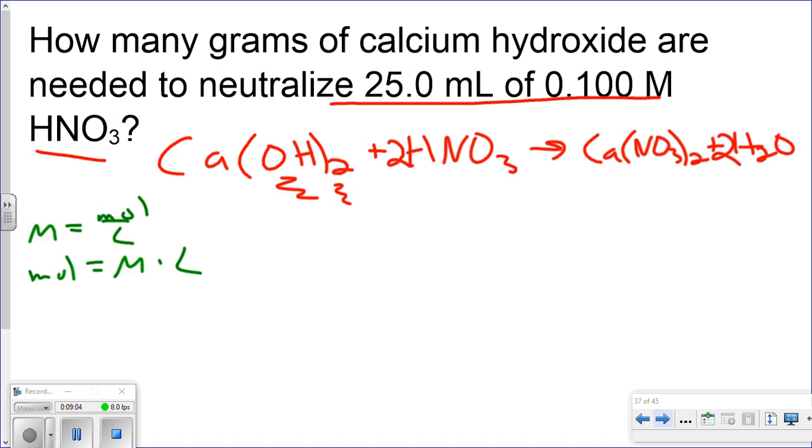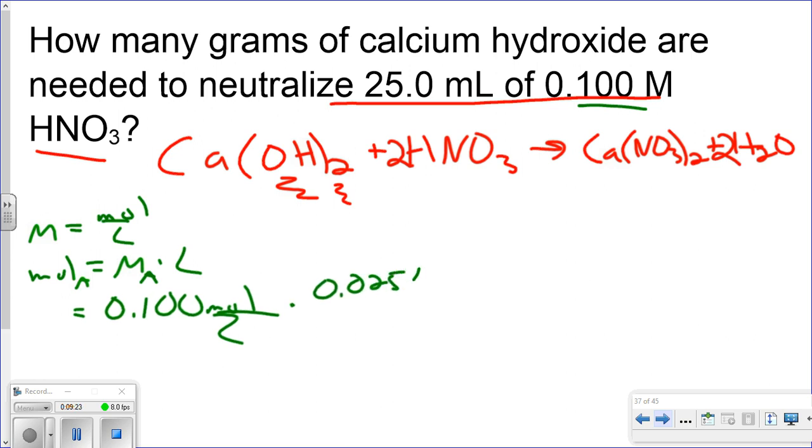So here we go. Molarity of the, this is the acid. That's 0.100 moles per liter. I got that. That's this right here. Times, now I got to convert to liters, because I'm using the value of liters.